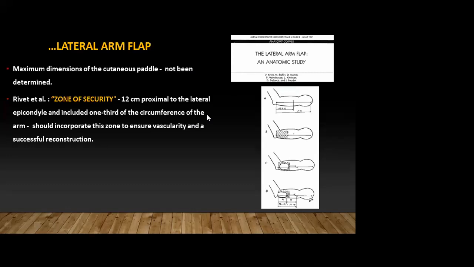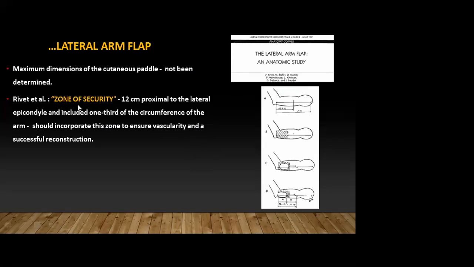Regarding the maximum dimension of the cutaneous flap of the lateral arm flap, it has not been determined so far. So there are many controversies. Some people say we can harvest a wide area of the lateral arm, but some people say it is not practically possible.